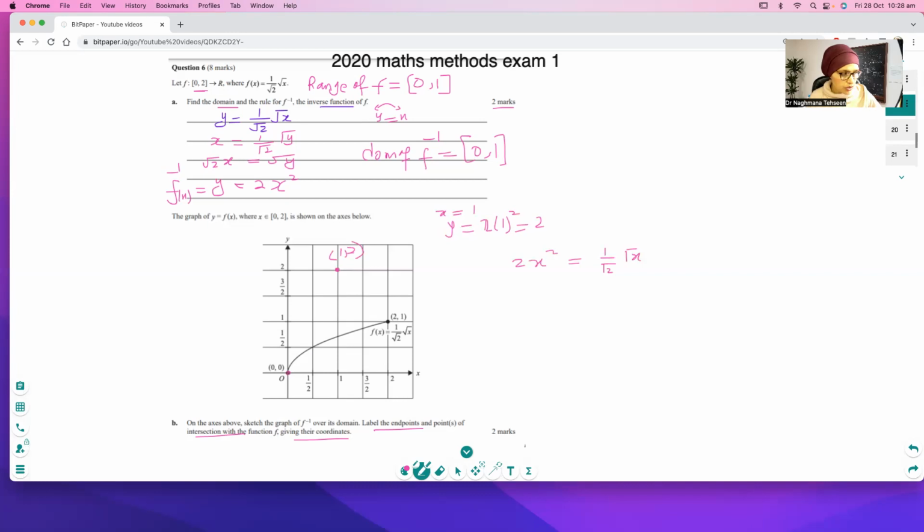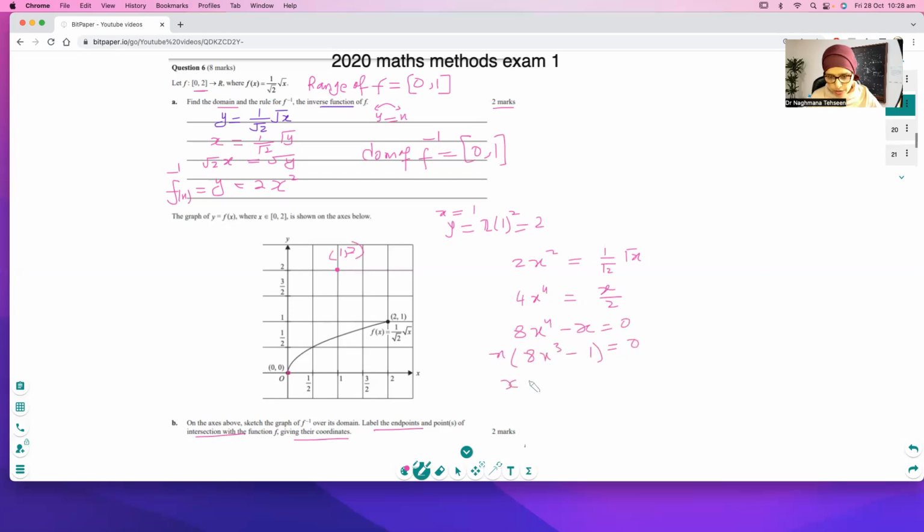Taking the square on both sides, we get 4x to the power 4 is equal to x over 2. So that gives me 8x to the power 4 minus x is equal to 0, so x times (8x cubed minus 1) is equal to 0.